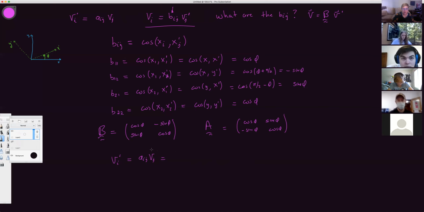I know that vj is this up here, so I want to substitute this equation into this. Remember, I've got the Einstein sum convention on, so I'm summing over j right now. So I'm going to write aij, and now I want to replace this vj with this stuff. How do I do that?